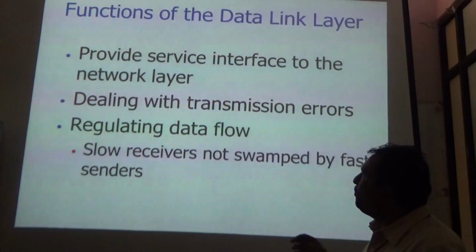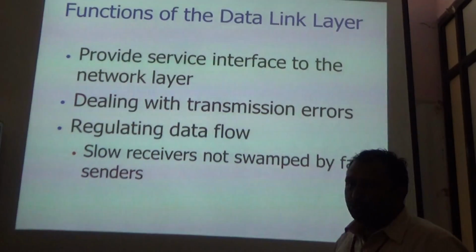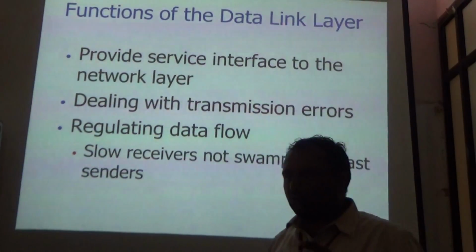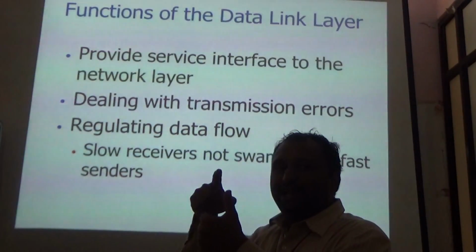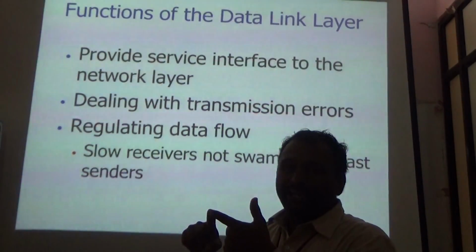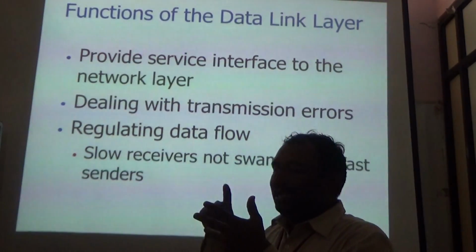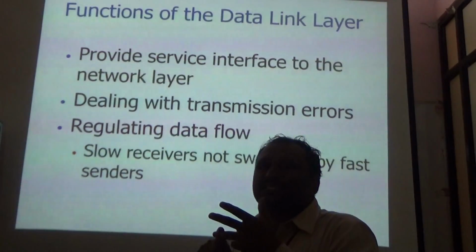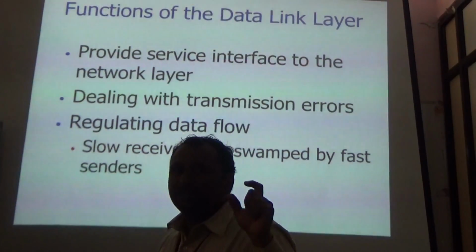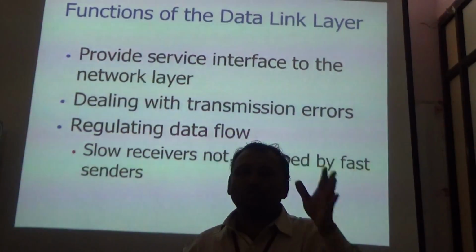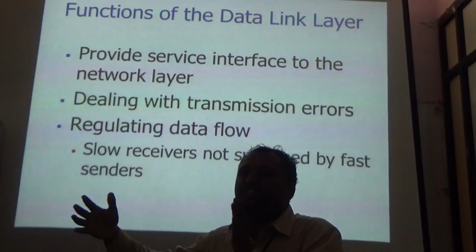Now, if we go for the functioning, as I said, two important functions: data link control, in which error as well as flow control will be there, and lastly access control. Access control means there could be two systems which are working at different speeds.